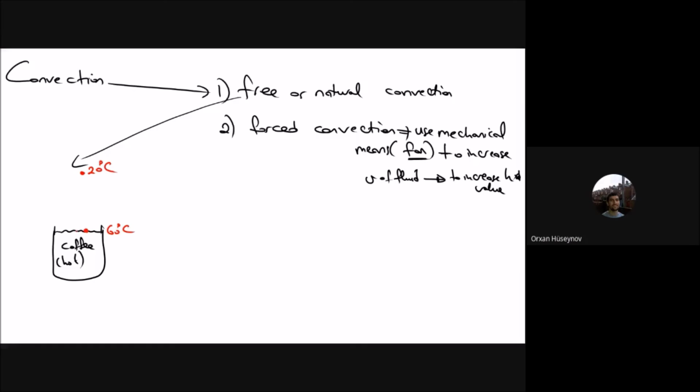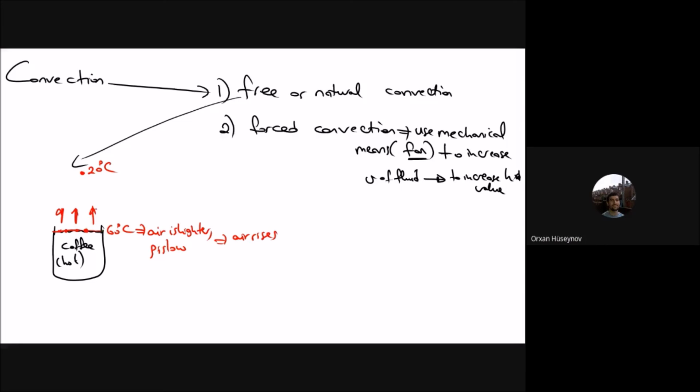The 60 degrees Celsius air is lighter, and lighter means that density is low. Since the temperature is high and density is low, the air rises.